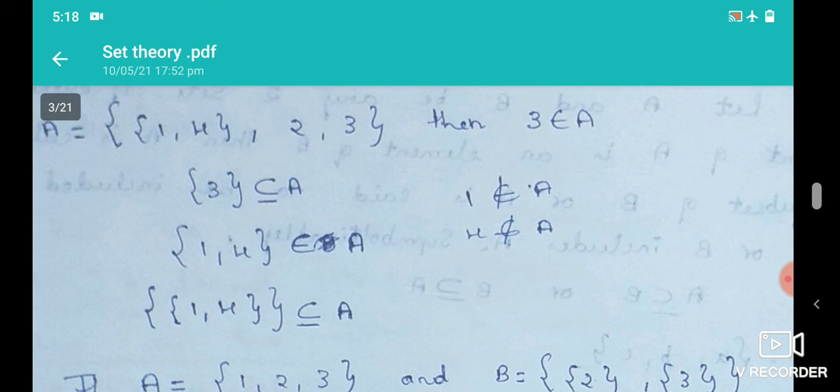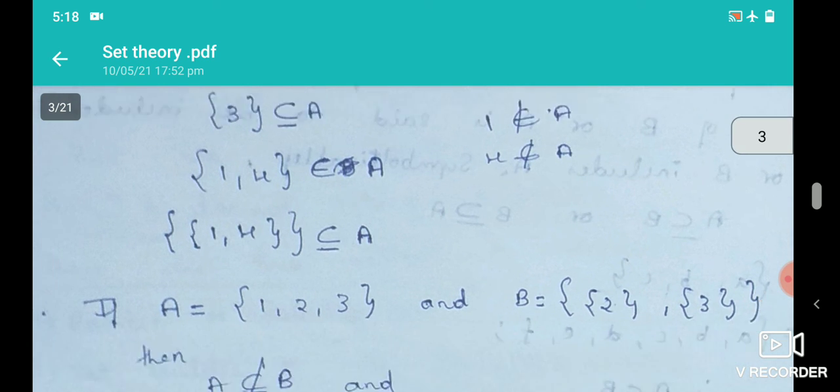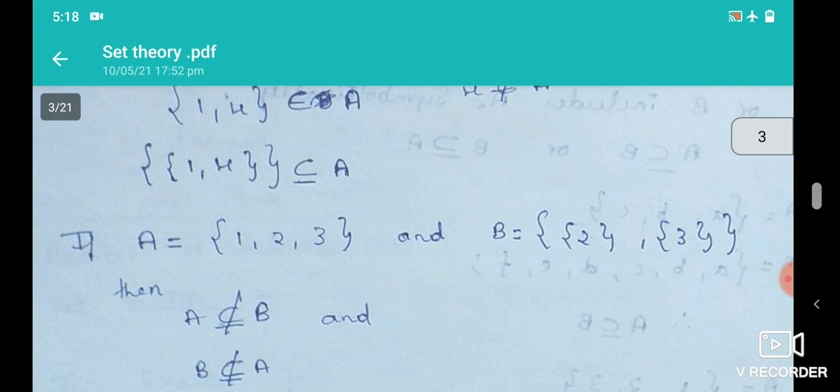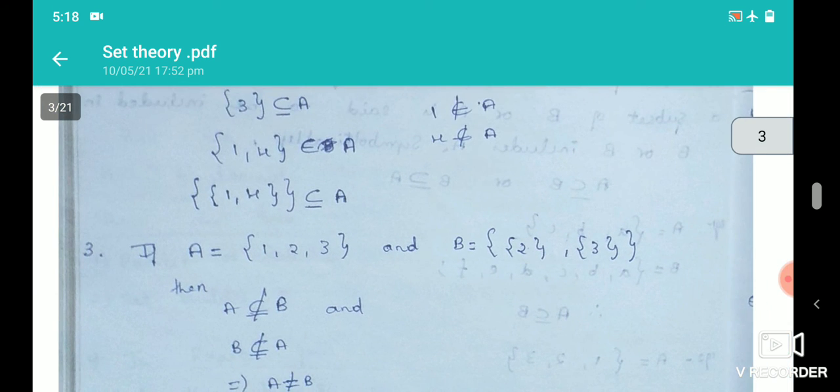So 1 and 4 together is a single element of the set. Okay, then we call set {3} a subset of A and {1, 4} belongs to A, and this is the subset notation.